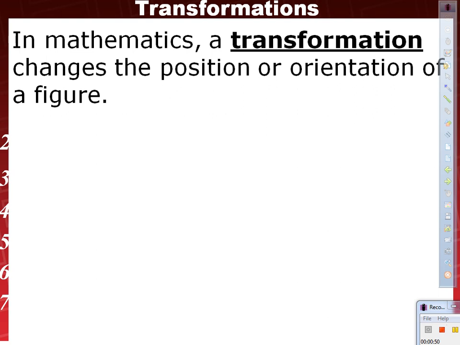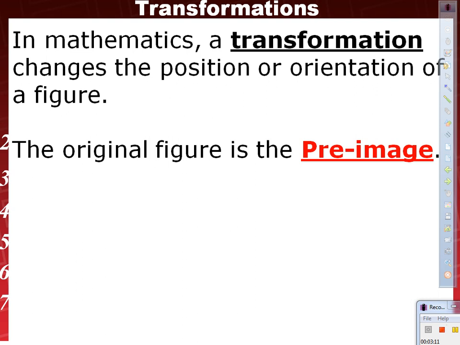Next, when I gave you guys graph paper, we're about to start sketching figures. When I ask you to sketch either a triangle, rectangle, pyramid, or a circle, whatever the figure, the original figure that I ask you to sketch is going to be called a pre-image.